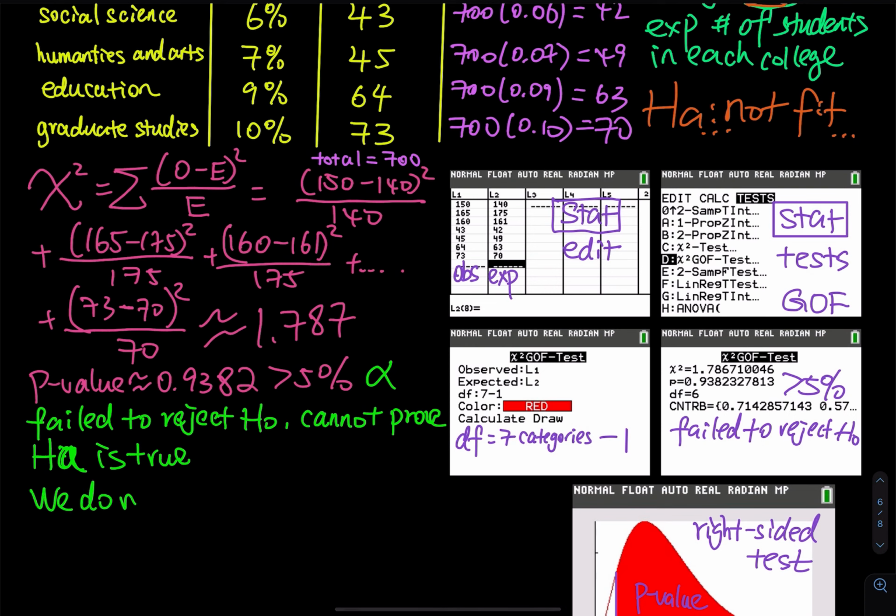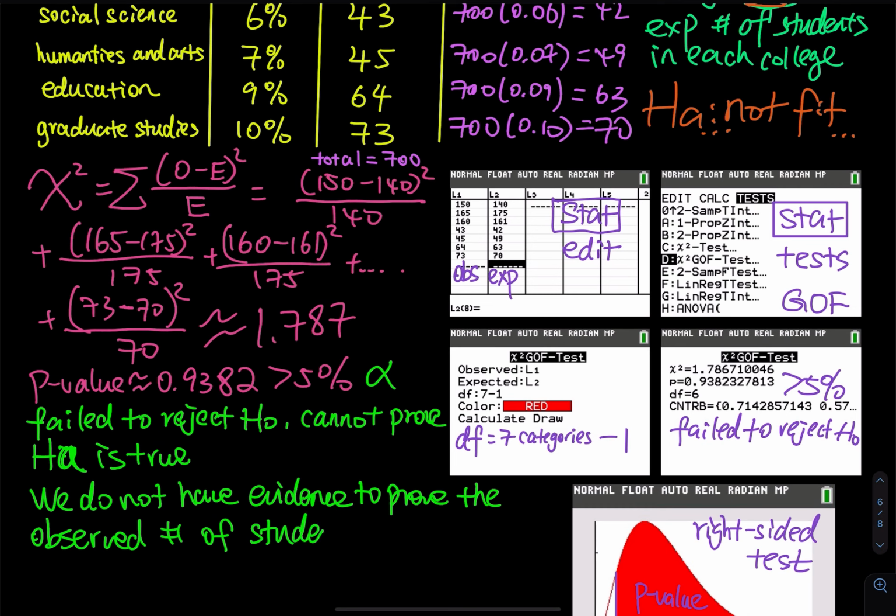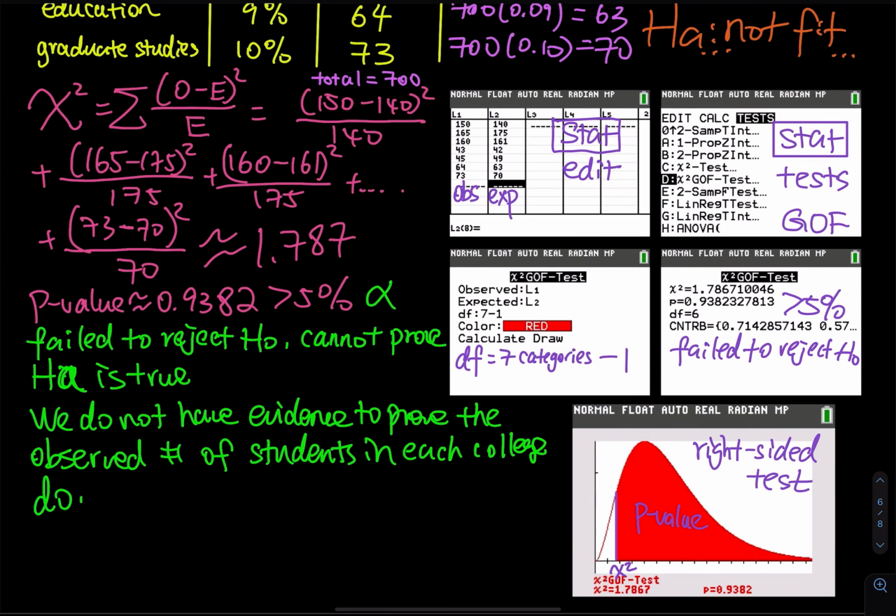So we do not have evidence to prove that the observed number of students in each college do not fit, because this is about HA, right? Do not fit the expected number of students in each college.